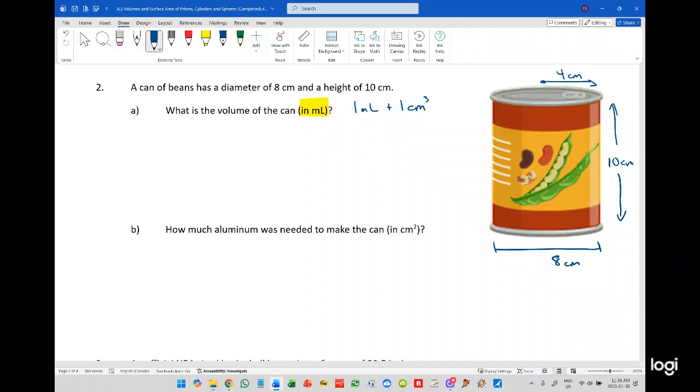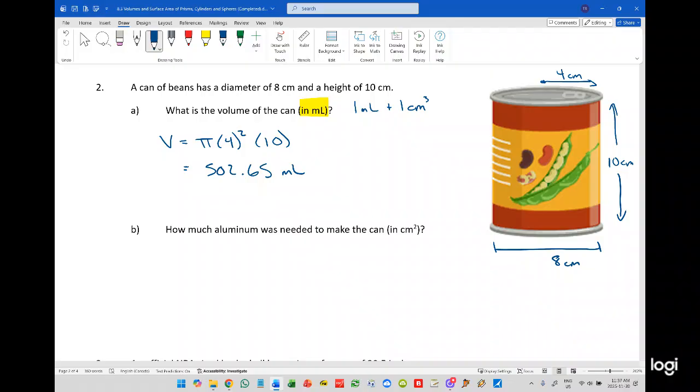Okay, so the volume is equal to the area of the end, which is pi r squared, in this case r being 4. And then we multiply that by height, and we get 10. Okay, pi times 4 squared times 10 gives me 502.65 centimeters cubed, but I'm going to actually write milliliters there because I know they're the same thing.